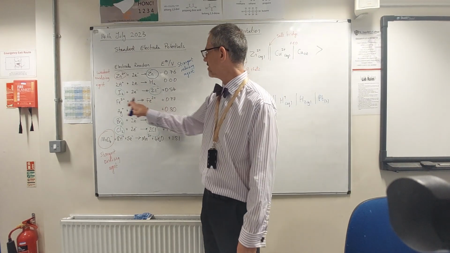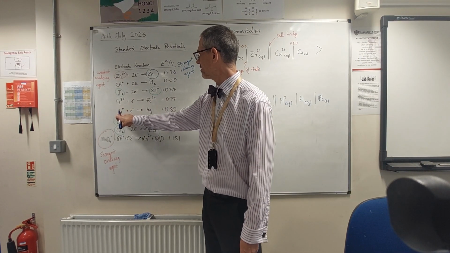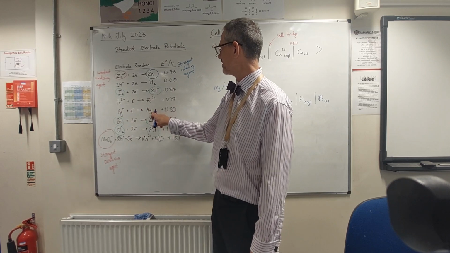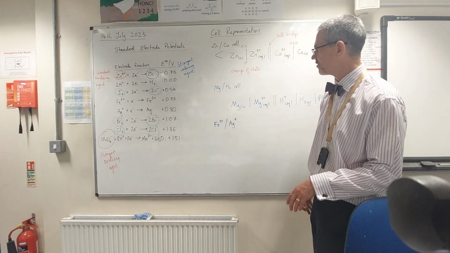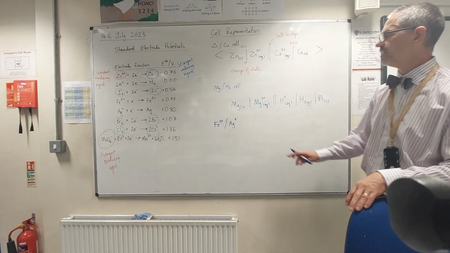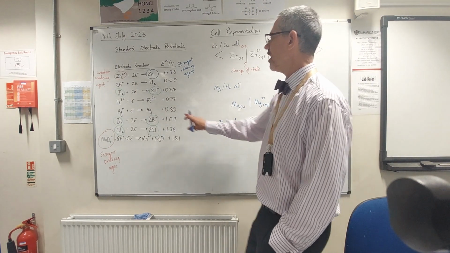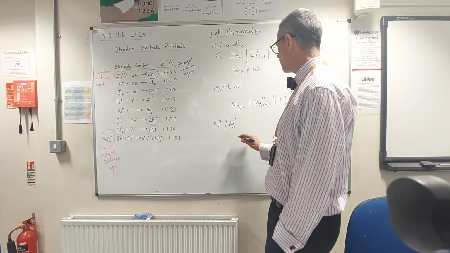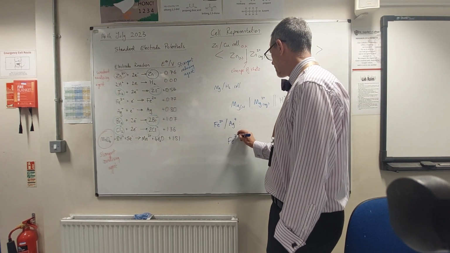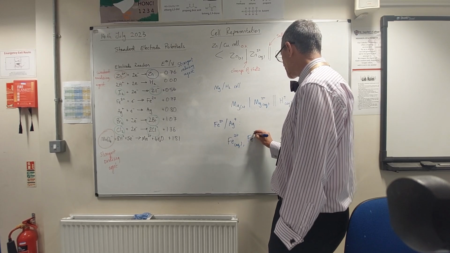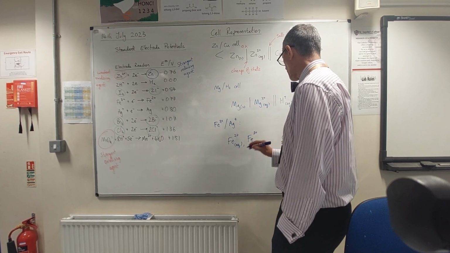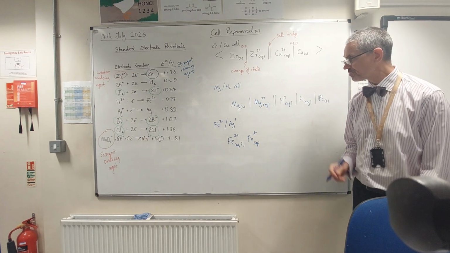So iron has to be reacting to make iron 3+, silver plus is reacting to make silver, because that's the only way I can get a positive number there. It's going to be 0.03, so it's not going to be a very flash electrode, but let's go. So iron 2 is being oxidized to iron 3. Okay, so they're both in solution, so there's no state change there. So we just separate them with a comma.